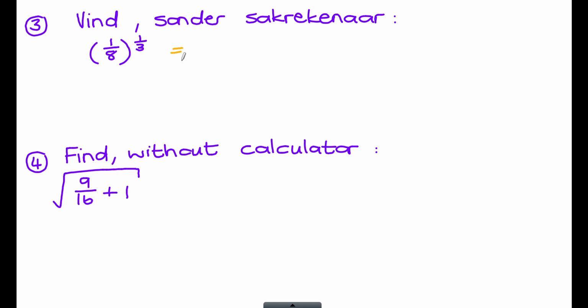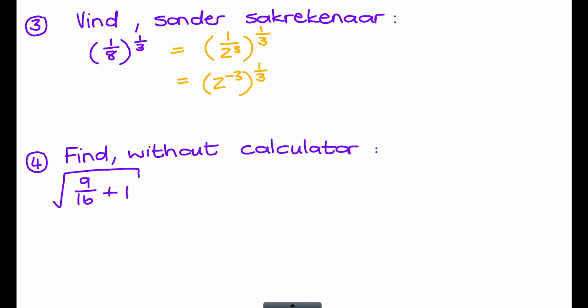Okay, so ek gaan sê, 'n 8ste is mos dieselfde as 1 op 2 tot die mag 3 en dan dit tot die mag 3, nee. Okay, now, I don't like working with fractions. So kom ons vat daai 2 tot die mag 3 op, dan raak hy soos op jou notas 2 tot die mag minus 3, tot die mag 'n derde.